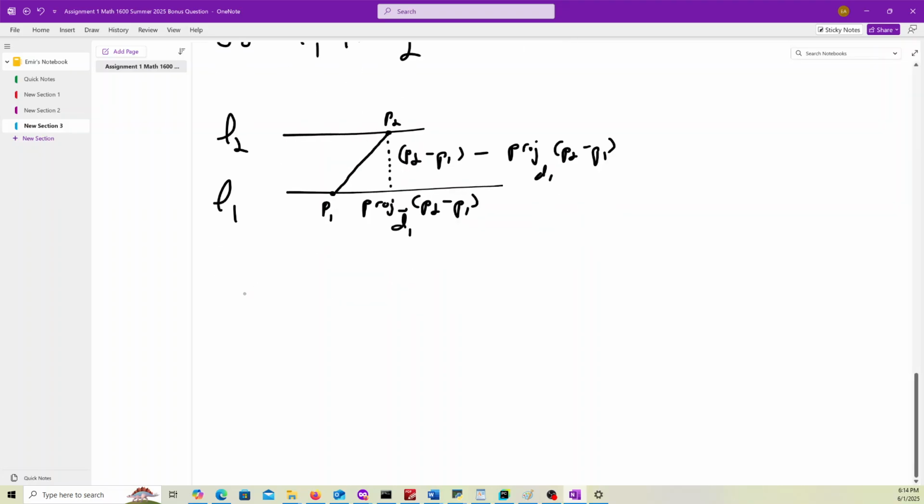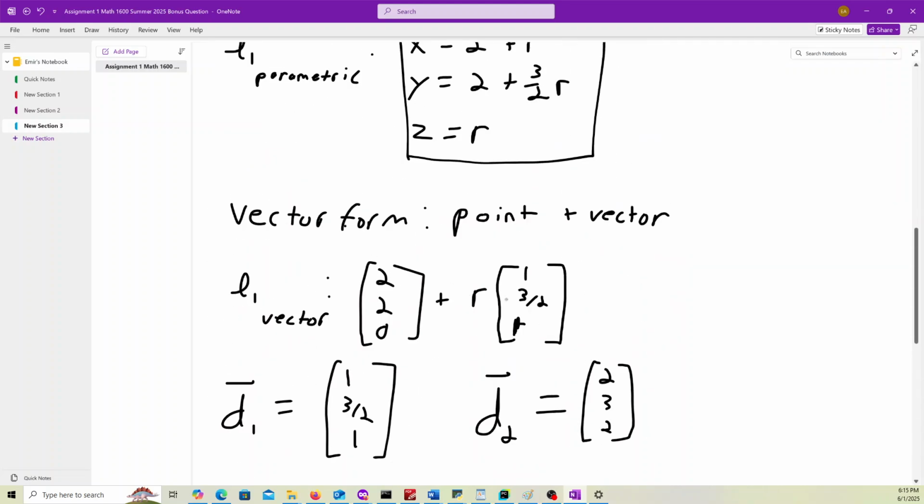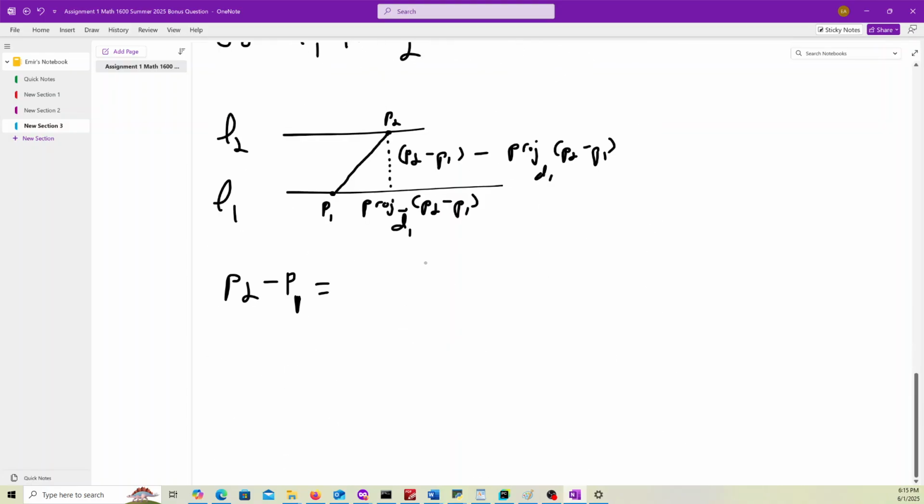So step 1, find P2 minus P1. We can pick two arbitrary points, but we have 2 points given by the vector form of line 1 and line 2. So line 1 is 2, 2, 0. So we'll put 2, 2, 0.